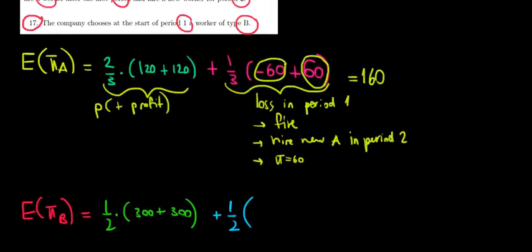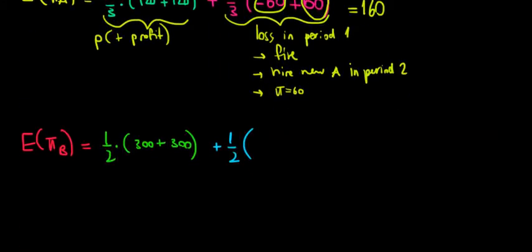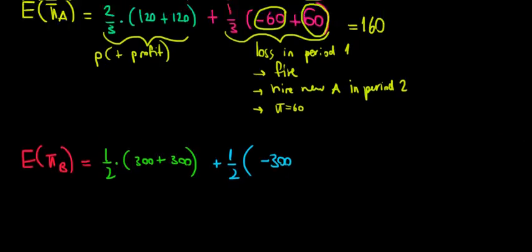Now, what would happen in that case? If we have a loss from the type B worker, minus 300 euros, then we would fire the type B worker and hire a type A worker. Why would we hire a type A worker?